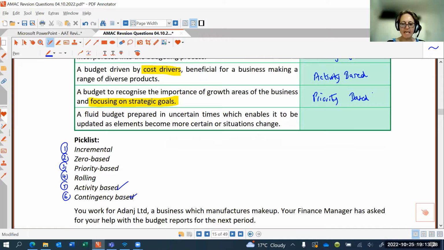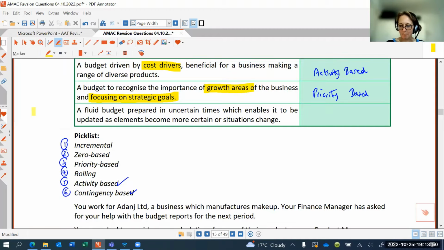So you can see there, to recognise the importance of growth areas. So prioritising the areas that are going to be growing, focusing on the strategic goals, making sure that we've got our priorities in order and that our budgets are putting the resources into these priority areas. Excellent.